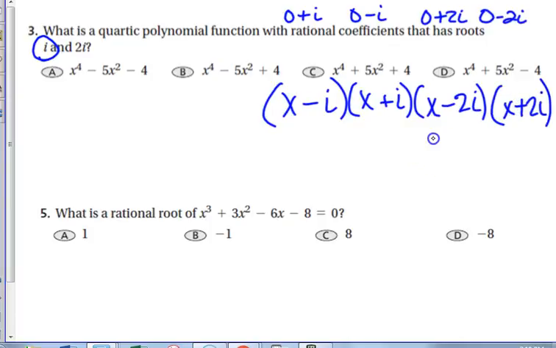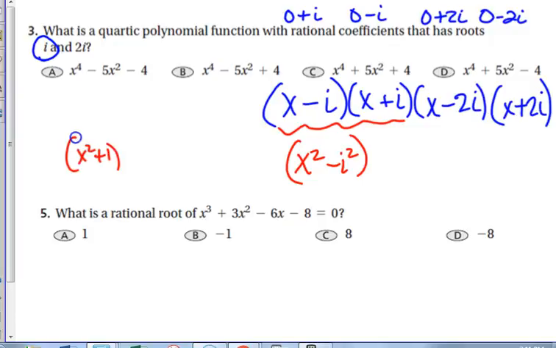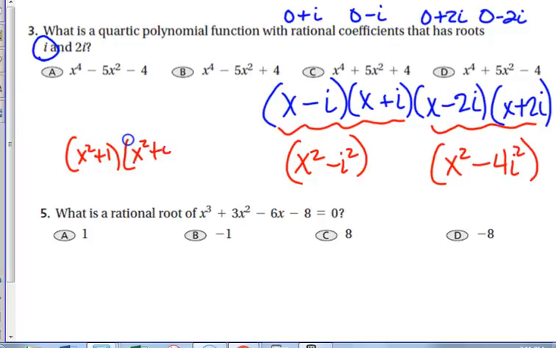Now this is not really as bad as it looks, because what does this FOIL together to make? Right. So that's an x squared plus 1, right? And these two FOIL together to make x squared plus 4.